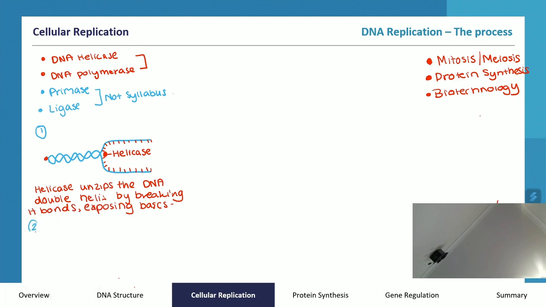So step 2 starts to happen while helicase is unzipping, by the way. This is all happening at once. Primase will lay down RNA primers to the strands that are being copied.